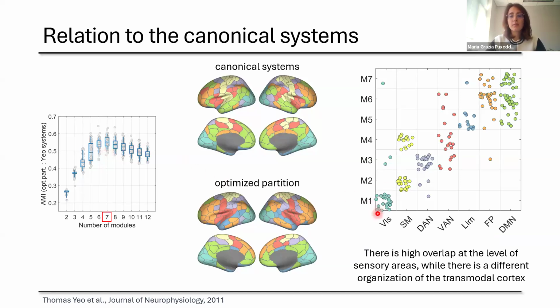So as you can see, for example, the visual system is pretty well captured by module 1. You can see here visual system, module 1, they almost perfectly overlap. The somatomotor system is also captured by module 2 and module 4, although in module 4 there's also part of the ventral attentional network that bleeds in.